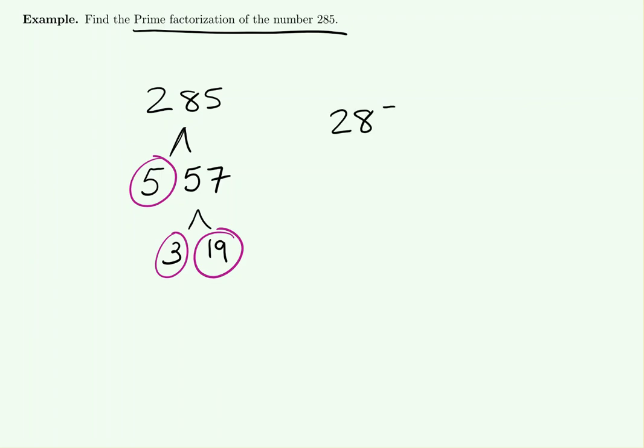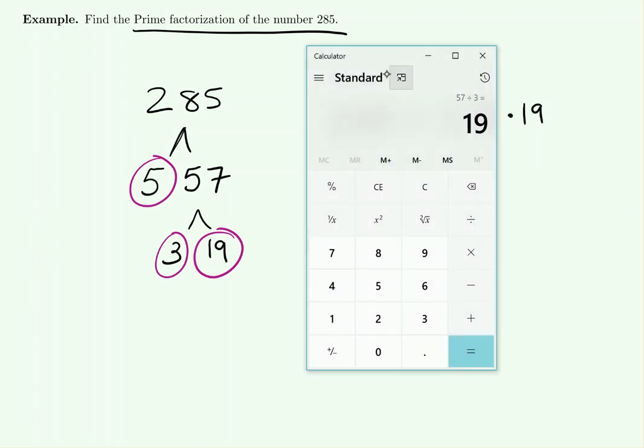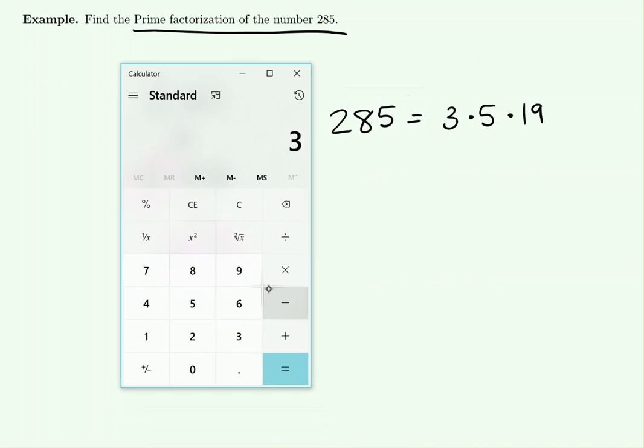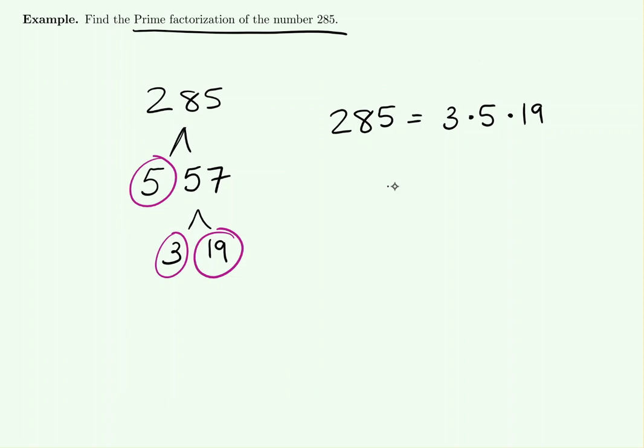So the prime factorization of 285 is 3 times 5 times 19. And then we just quickly verify that. 3 times 5 times 19 does give us 285. So we can be confident, since these are all prime numbers getting multiplied together that equal 285, this is indeed the prime factorization.